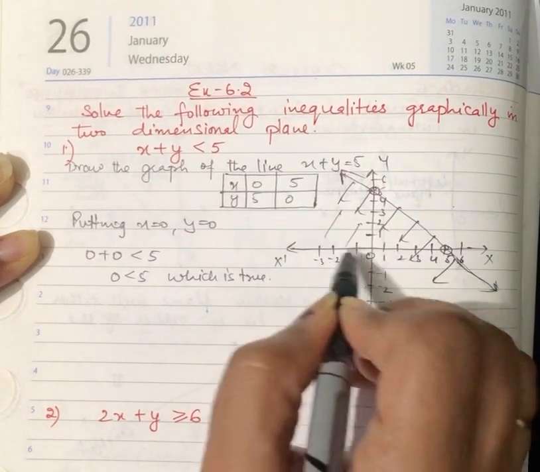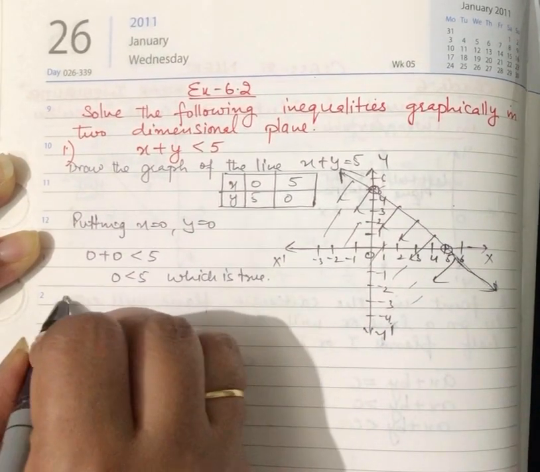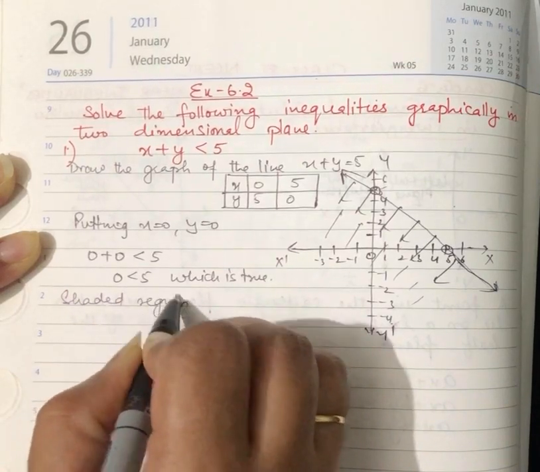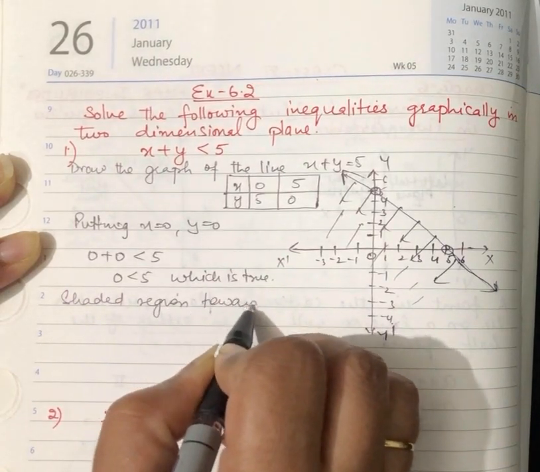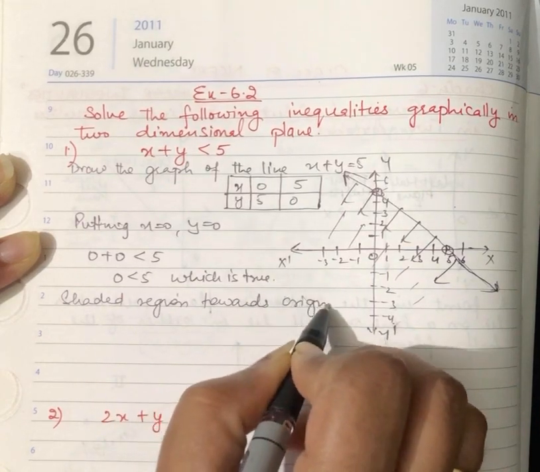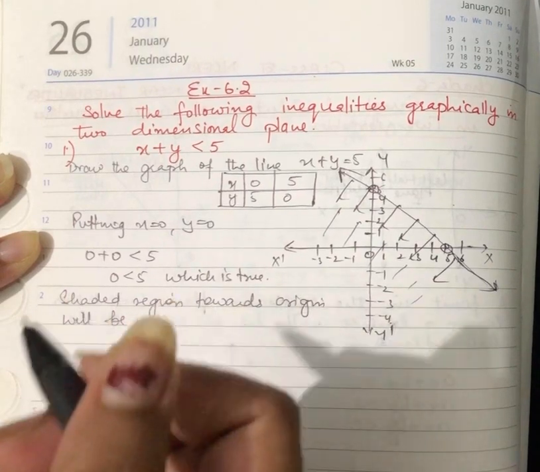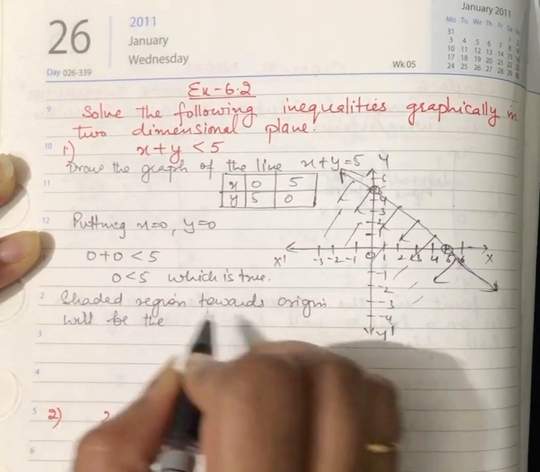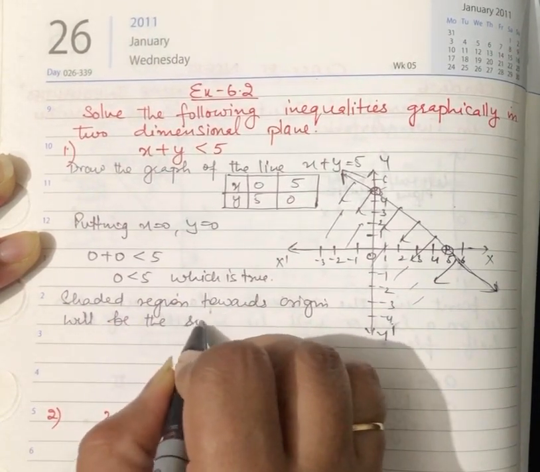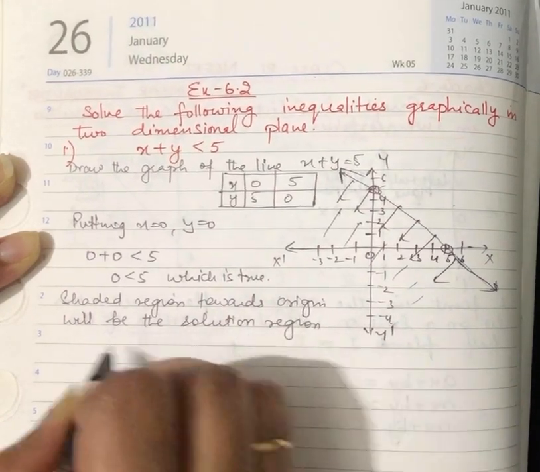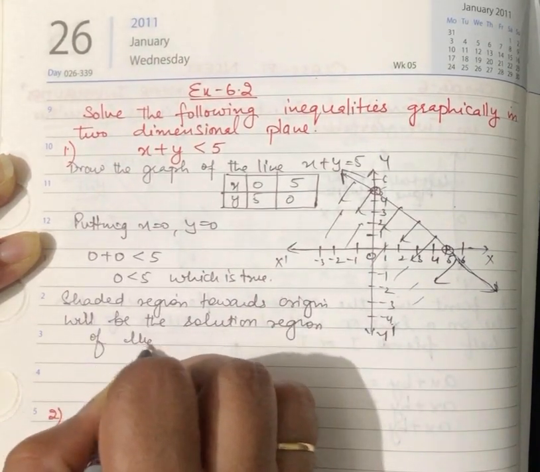This is the shaded region. So the shaded region towards origin will be the solution region of the given inequality.